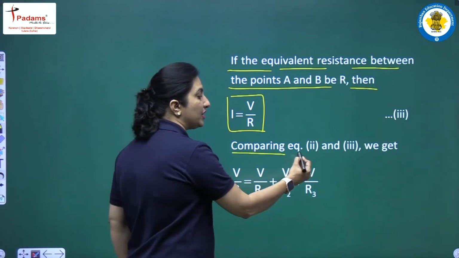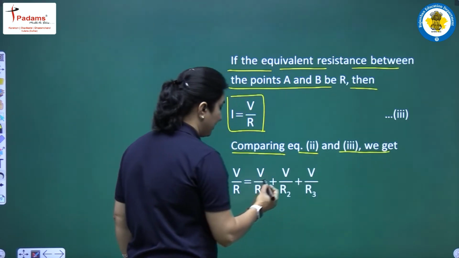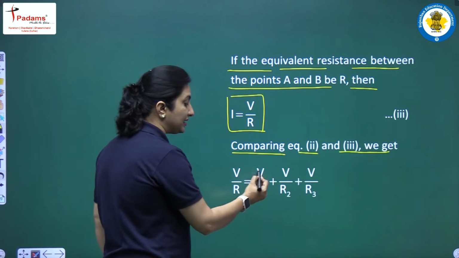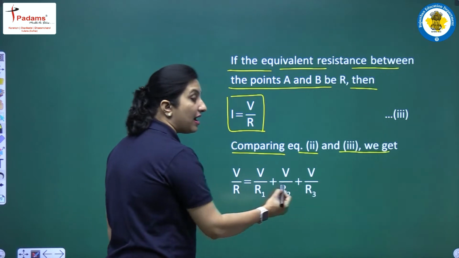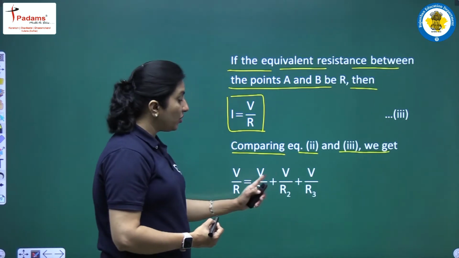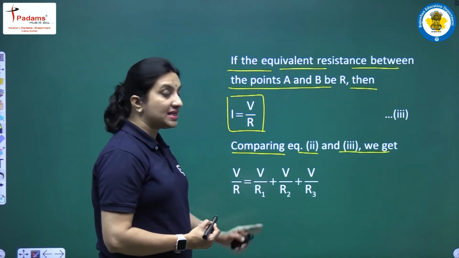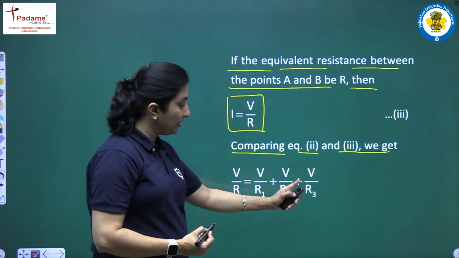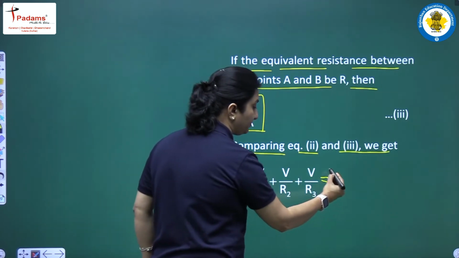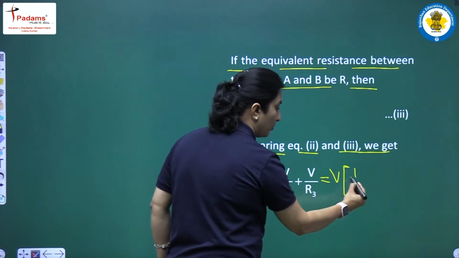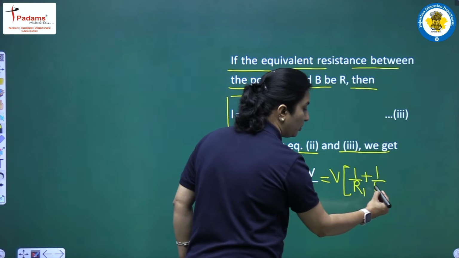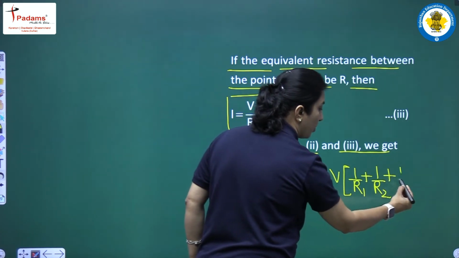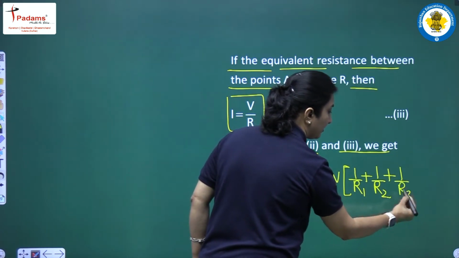So comparing equation 2 and equation 3, what we get is that V upon R is equal to V upon R1 plus V upon R2 plus V upon R3. Now students, here what we see is that V can be taken out as common from here. So it will become V times 1 upon R1 plus 1 upon R2 plus 1 upon R3.